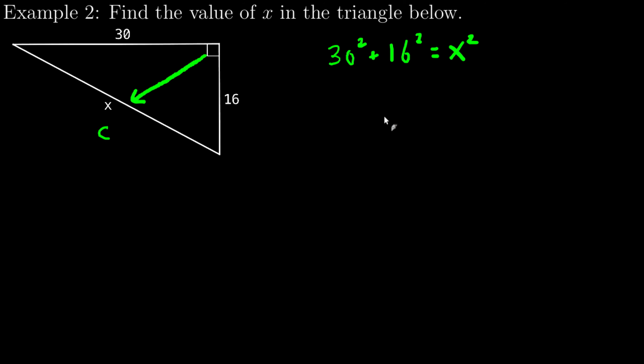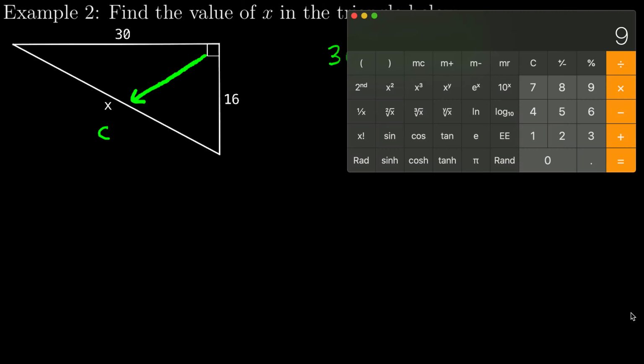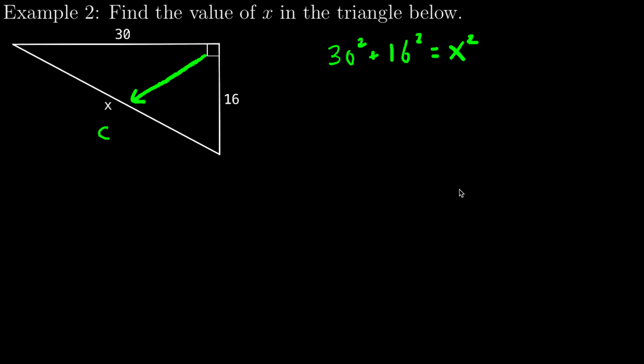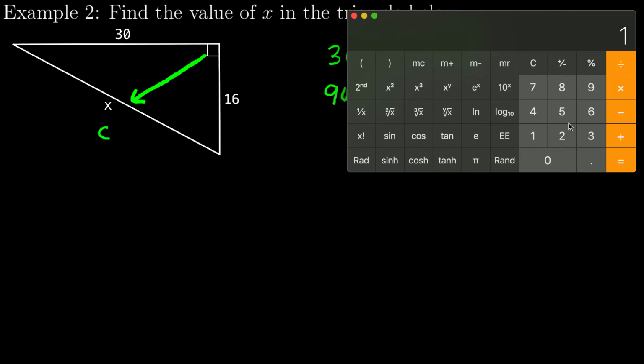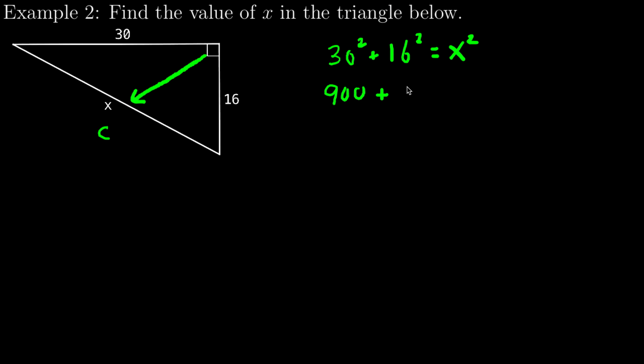Now these are large enough that most of us might want a calculator to make sure we're doing it correctly. So 30 squared is 30 times 30. That gives me 900. 16 squared, again, some of you may know, but if you don't, 16 times 16, 256.